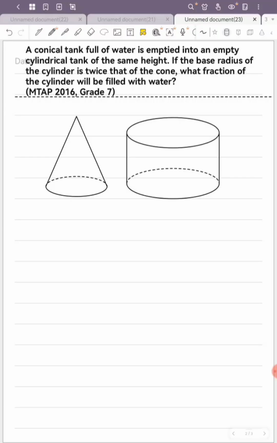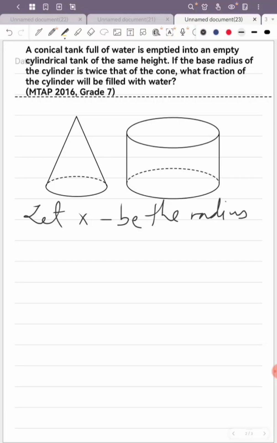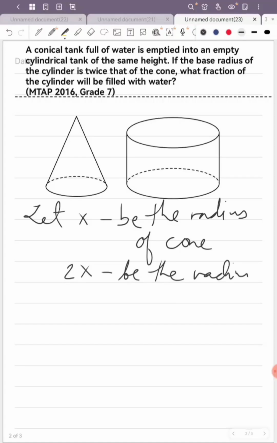Then we'll write the volume. Let x be the radius of the cone, then 2x be the radius of the cylinder.